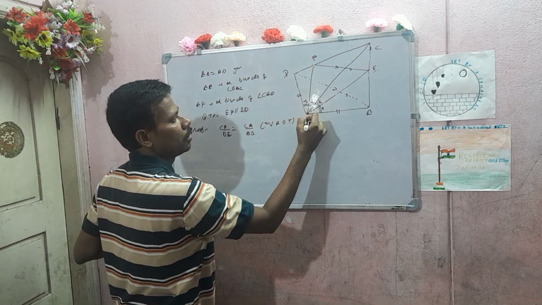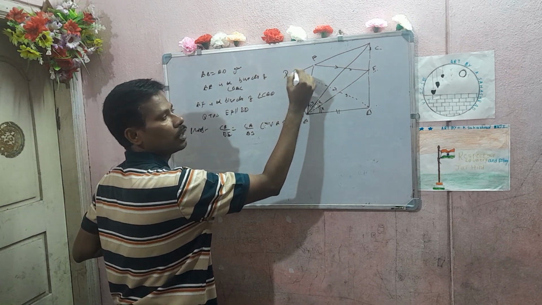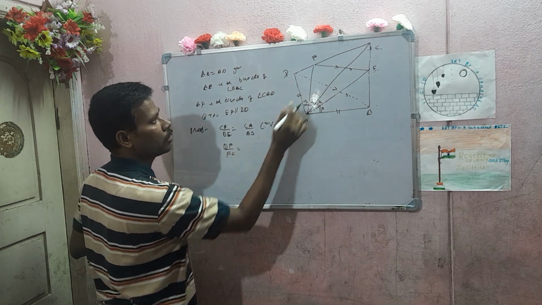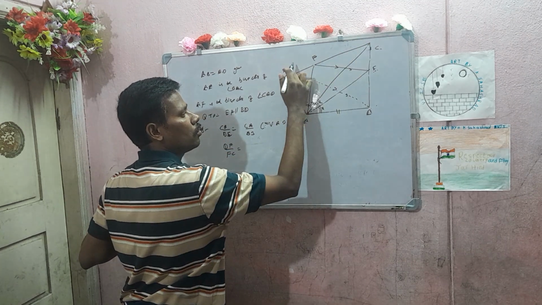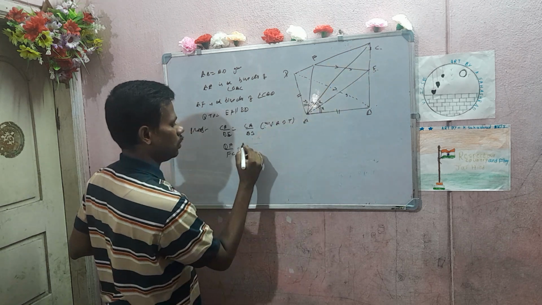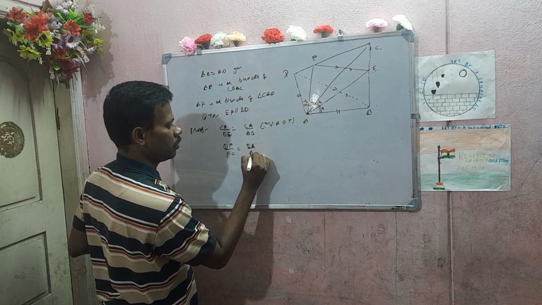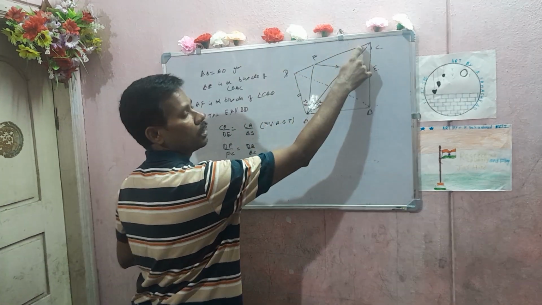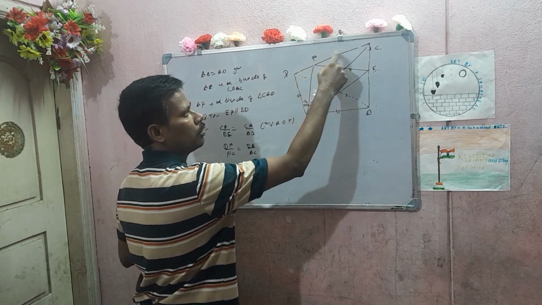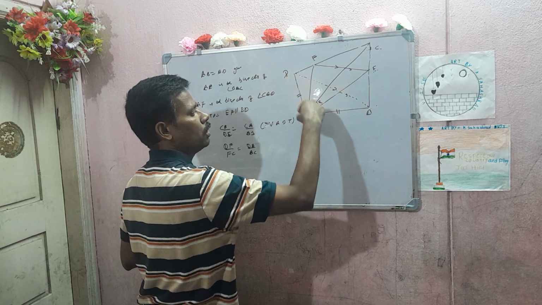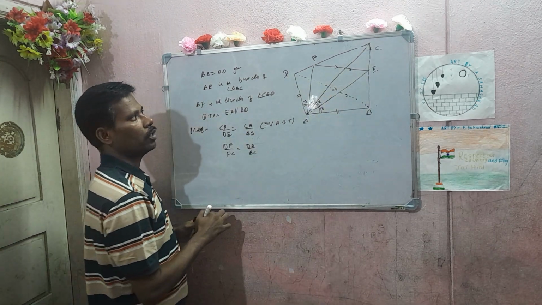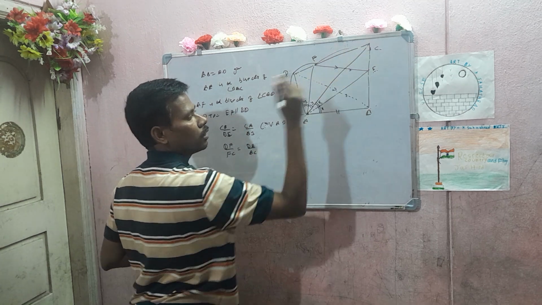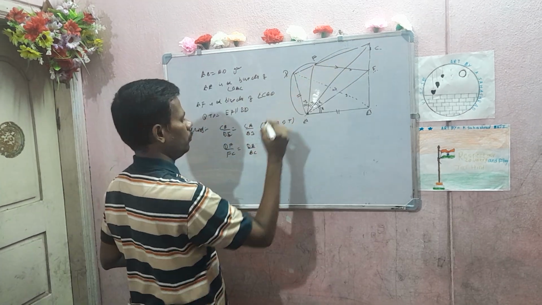That means you start from here: DF by FC is equal to DA by AC. From where you started, from that point onwards, you should go. DF by FC is equal to DA by AC, for this triangle.